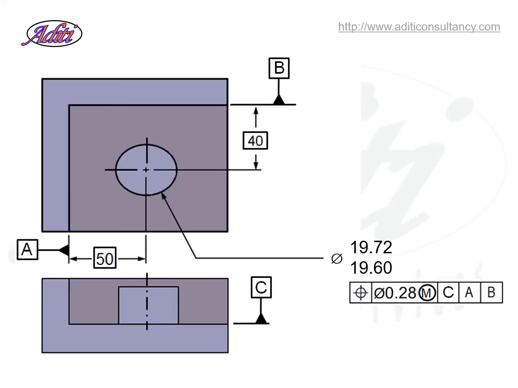When GD&T is implemented for control of the spigot, the drawing will look like this. Here, the diameter of the spigot is controlled between the two limits and positioning of the axis of the spigot is controlled with respect to three datum surfaces.